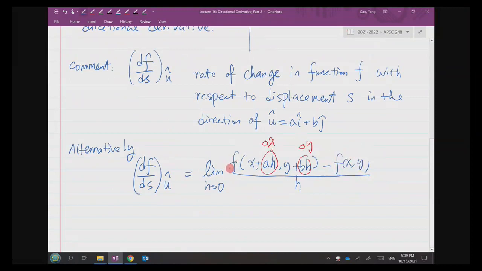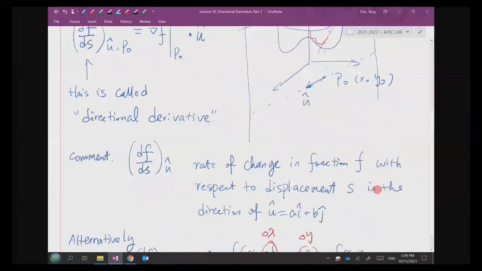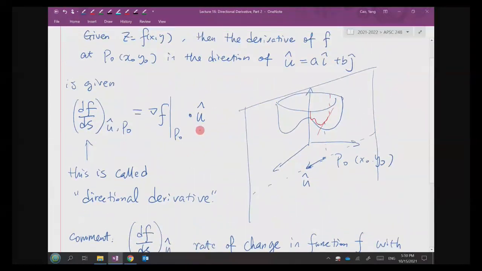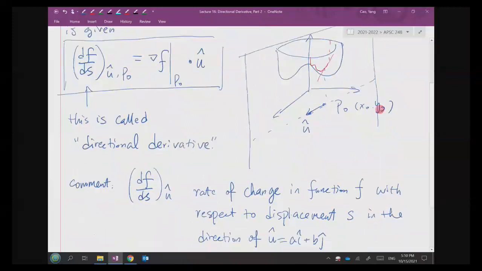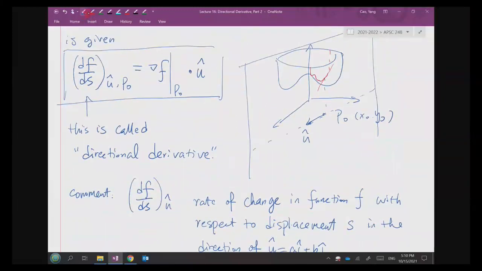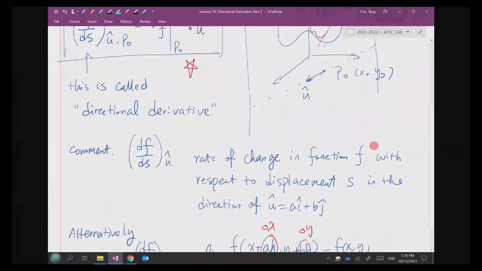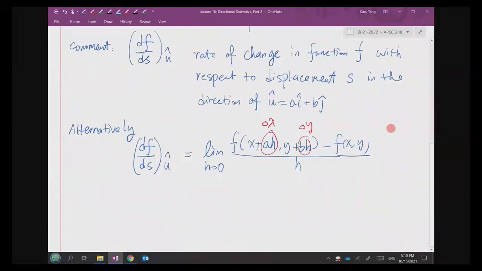So you could derive the directional derivative also using this definition instead of this formula. Both of these can be used to calculate directional derivative. But of course, this one is much easier to use than taking a limit.